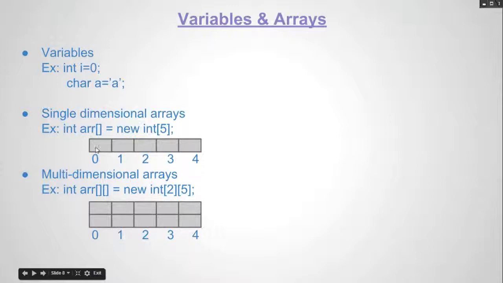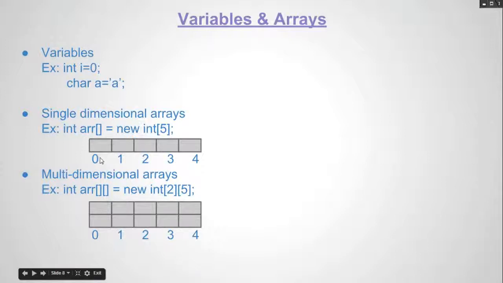So how can I access those values from this array? We have defined here an array of size 5, which means I can hold 5 values.